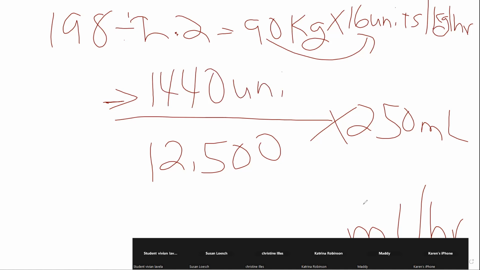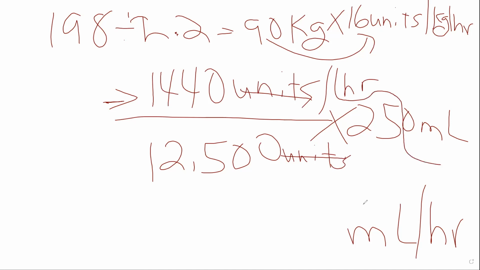Okay, so now you have 1440 units. This is per hour. Okay, so these cross out. This is what gives you your mL per hour. Now we're dividing by the 12,500, and then we're multiplying by 250.